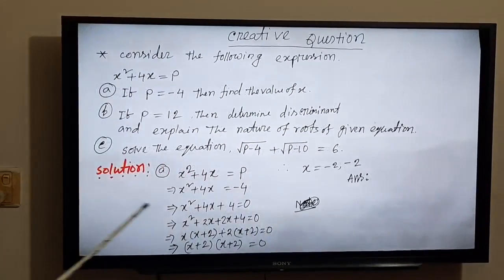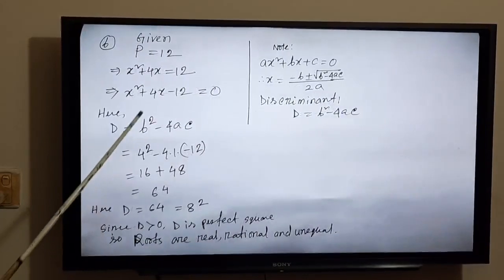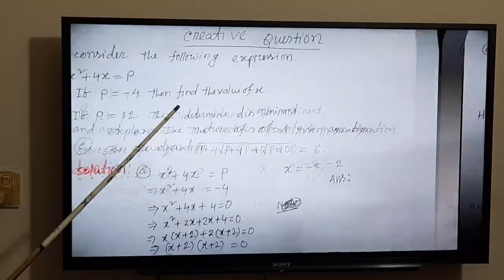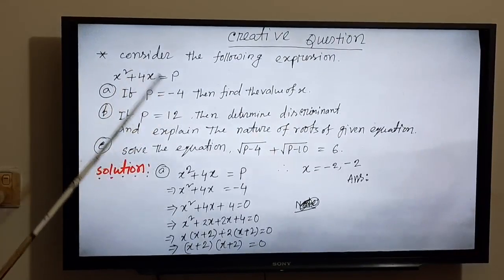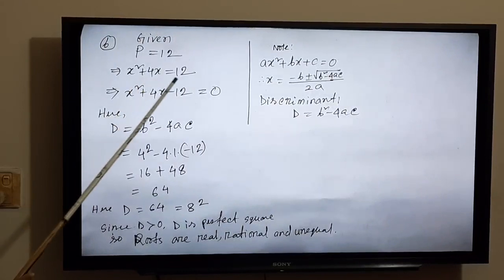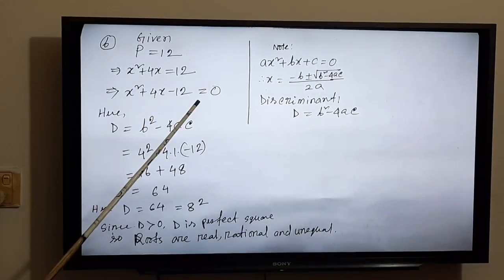Okay, now you can observe question number B. P is equal to 12. What is p in the question? P is equal to x square plus 4x, which is equal to 12. Then this is the quadratic equation.